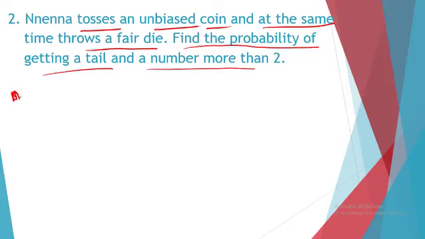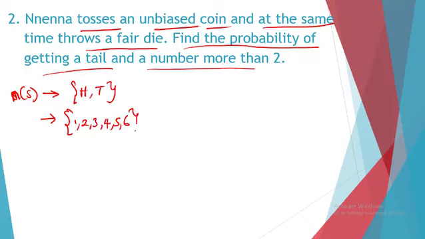So let us start with the sample space. If Nena tosses an unbiased coin, she will either get a head or a tail. Okay, and then when she throws a fair die, she will obtain a set of 1, 2, 3, 4, 5, and what? 6.